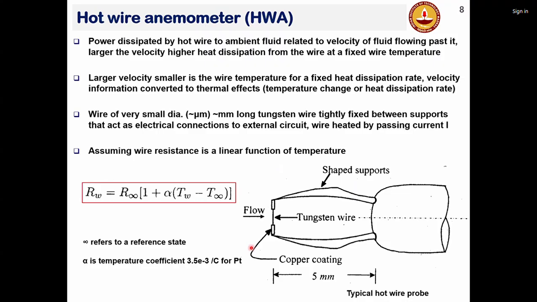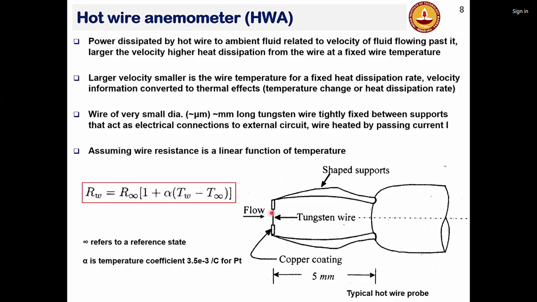Typically the diameter of this tungsten wire will be tens to a few hundreds of microns. Very thin, because as you know, the resistance of a wire is inversely proportional to the area of cross section. The area of cross section is very small, which means the resistance is very high. And why do we need high resistance here?